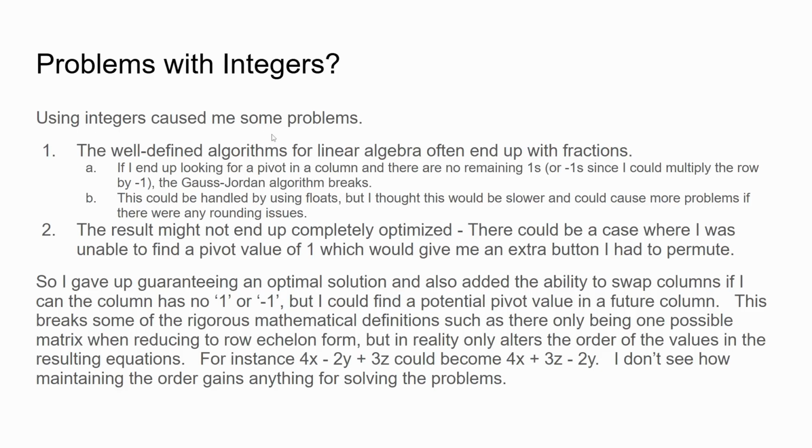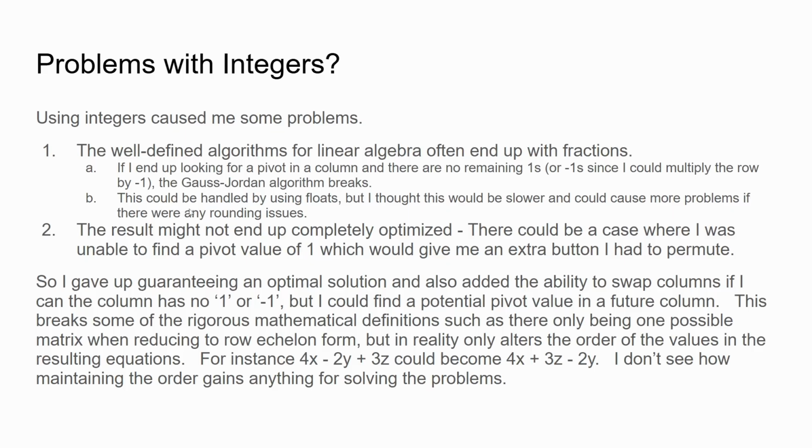Now, using integers does have some problems. All the well-defined algorithms for doing these sorts of things use fractions or floating point numbers. So if I end up looking for a pivot in a column and there's no 1s remaining, it breaks the Gauss-Jordan algorithm.